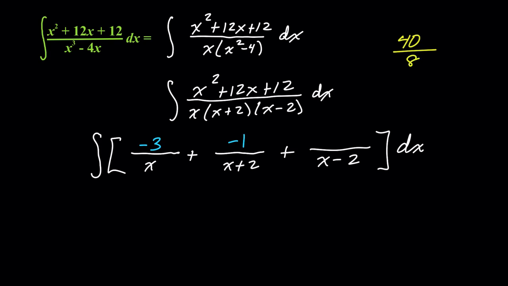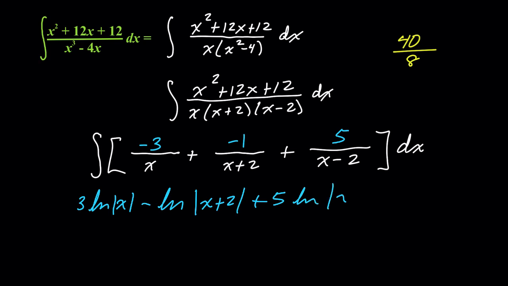And that's going to give us 5. And now we can write our answer, which is going to be 3 natural log of x minus natural log of x plus 2 plus 5 natural log of x minus 2 plus c.